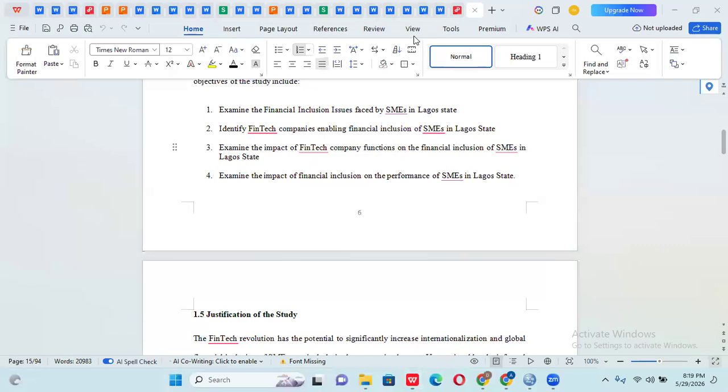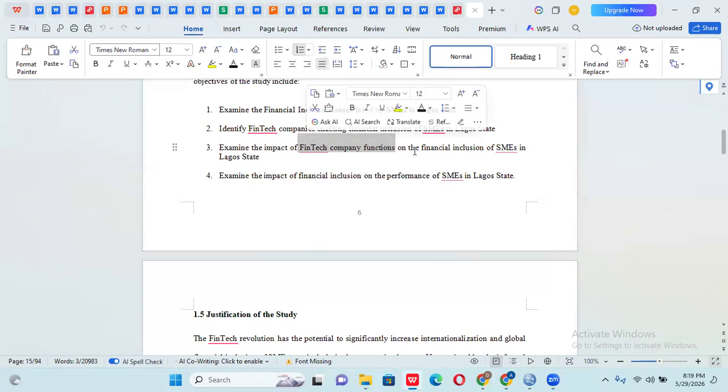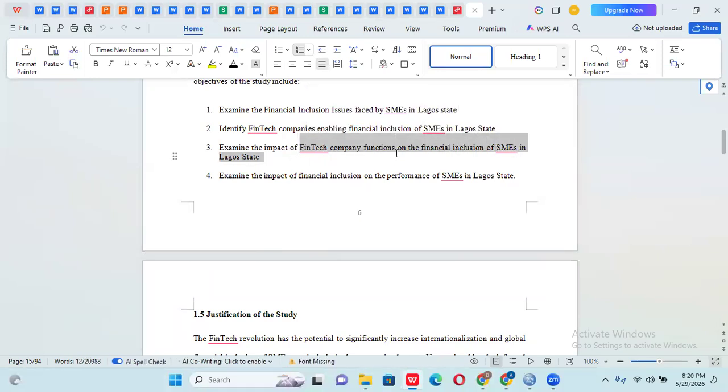Okay. Now the third objective: examine the impact of fintech company functions on the financial inclusion of SMEs in Lagos State. Fintech company functions is a variable on its own.